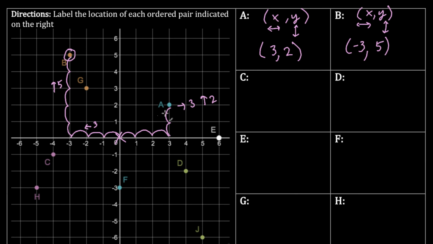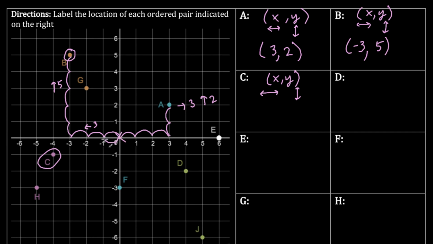Let's look at C. C is right here. Remember, we have an x and we have a y. X measures how far left and right we go, and y measures how far up and down we go. So let's start from the origin. We're trying to find C. It's right here.